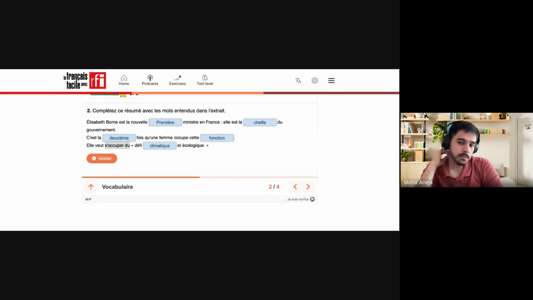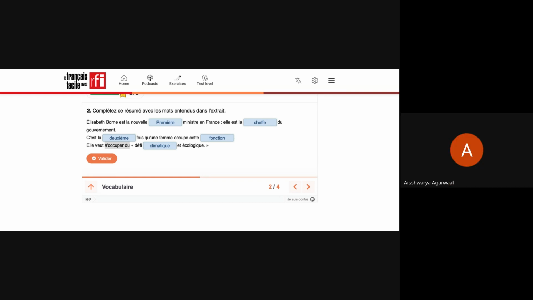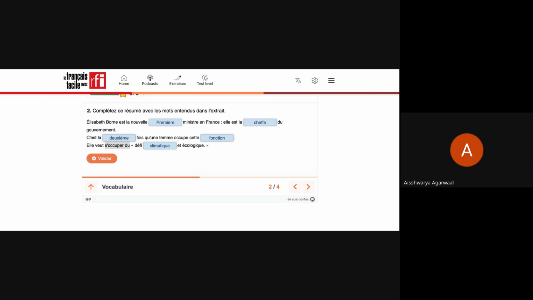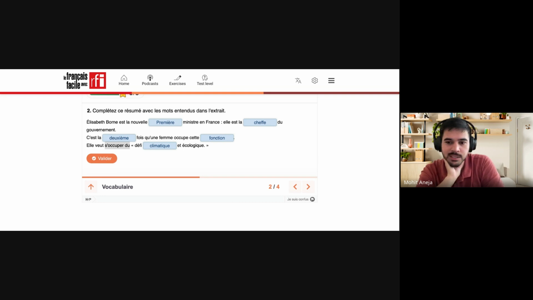Read this. Aishwarya s'occuper de son travail hier. What does this mean? And which tense have I used? This is imperfect, because were you doing that action for one small moment or for a long period of time? For a long period of time. Yes, okay Aishwarya.